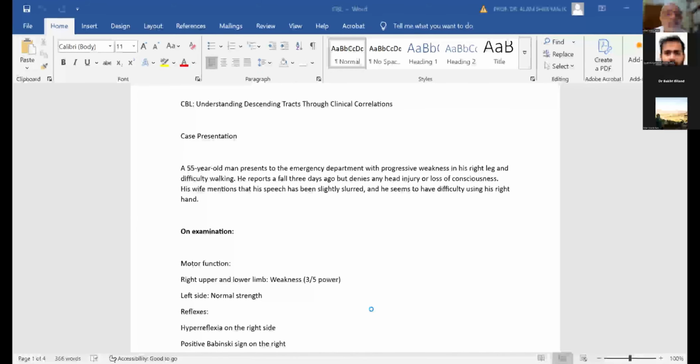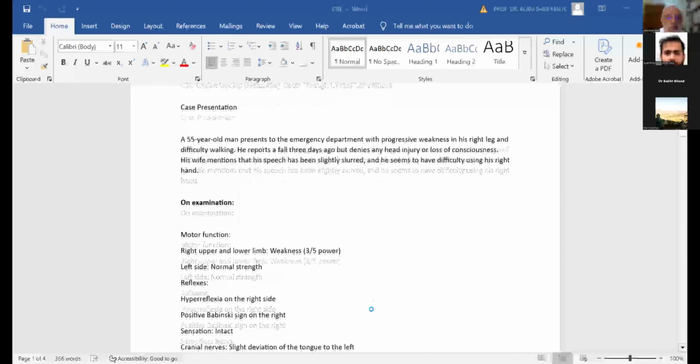So I'll start with a case presentation of a 55-year-old man presenting to the emergency department with progressive weakness in the right leg and difficulty in walking. He reports a fall 3 days ago, but denies any head injury or loss of consciousness. His wife mentions that he has slurred speech and seems to have difficulty using his right hand. Then I'm going to share the examination findings.